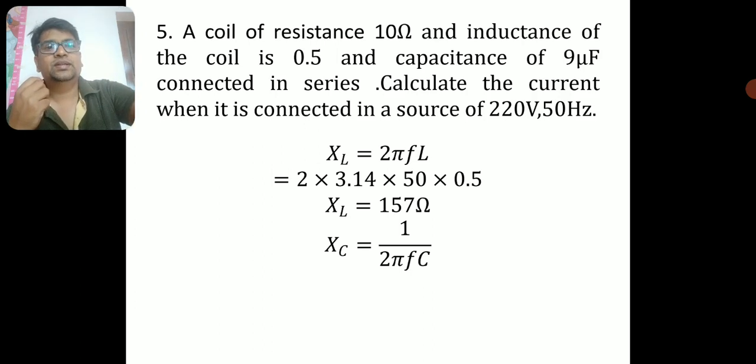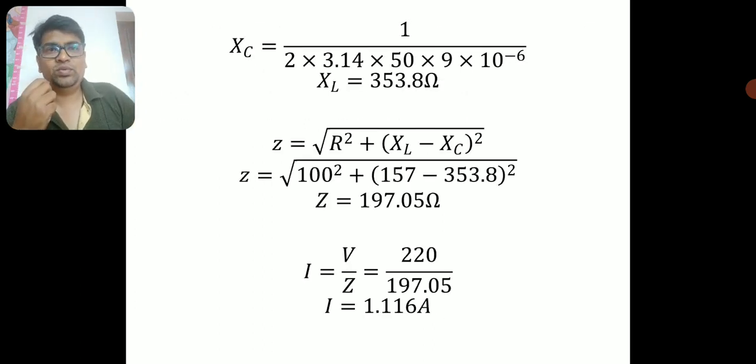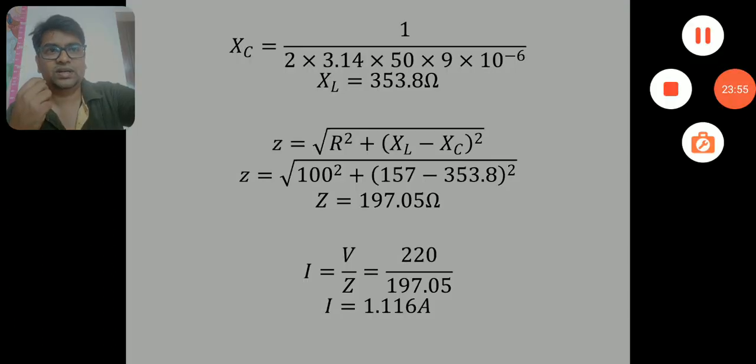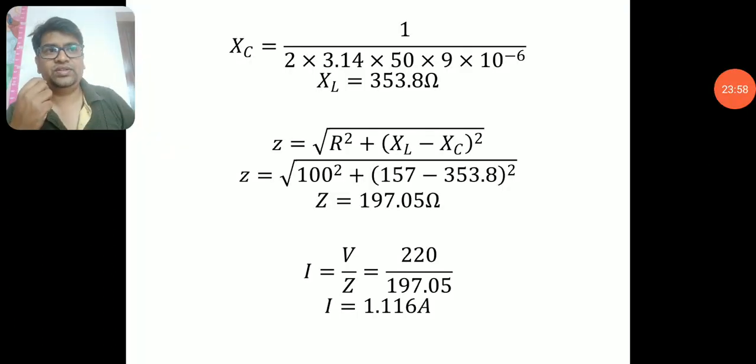So you can substitute F as 50 Hertz. Capacitance is 9 microfarad, 9 into 10 to the power of minus 6. I got this capacitive reactance, sorry, you make it as XC. A lot of small corrections are there, please correct it. XC is equal to 353.8 ohm. Again the unit of that is ohm.